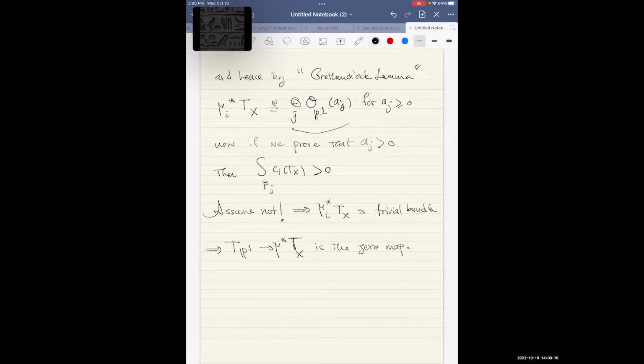Okay, I'm going to ask you, why is this going to be the zero map? Anyone? You know that this is a trivial bundle, and I'm saying that this map is going to be the zero map. Does anyone know?